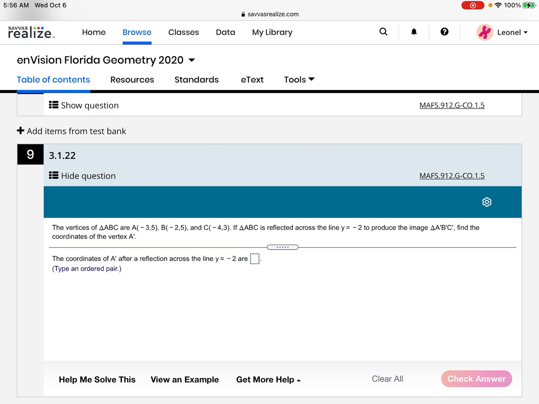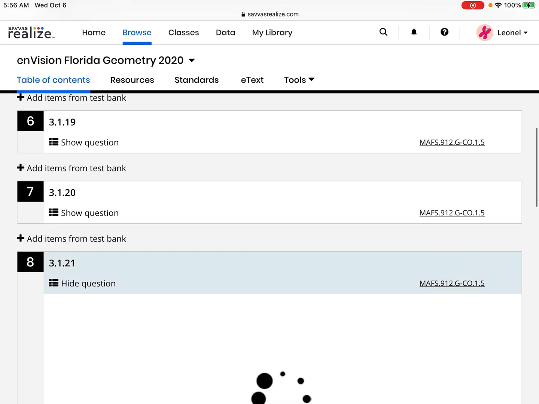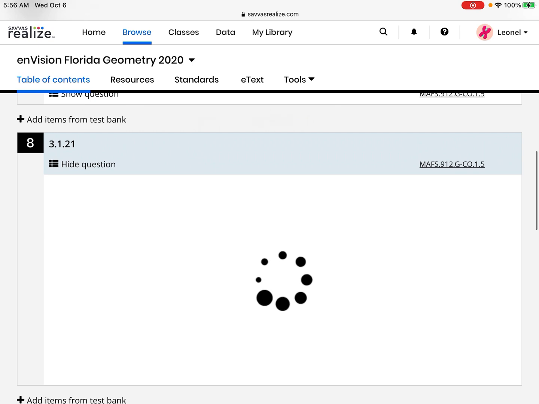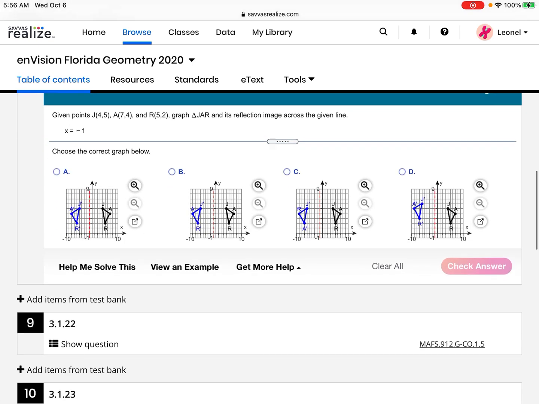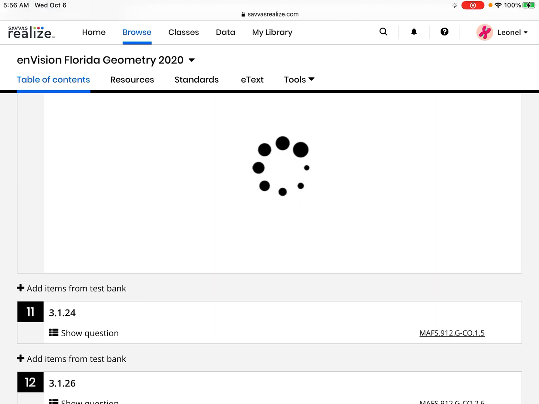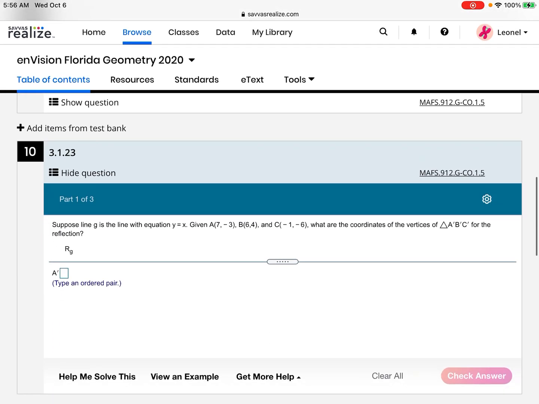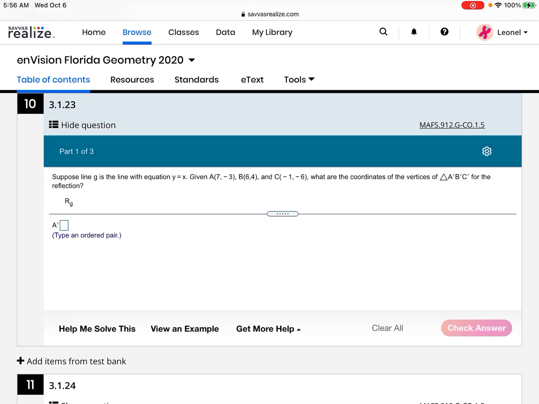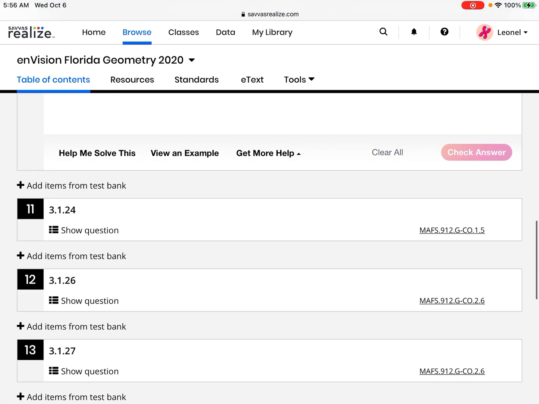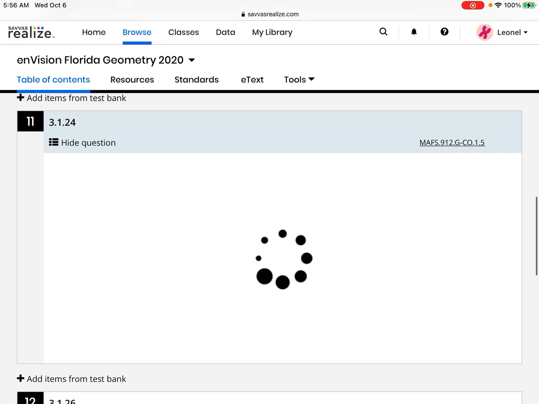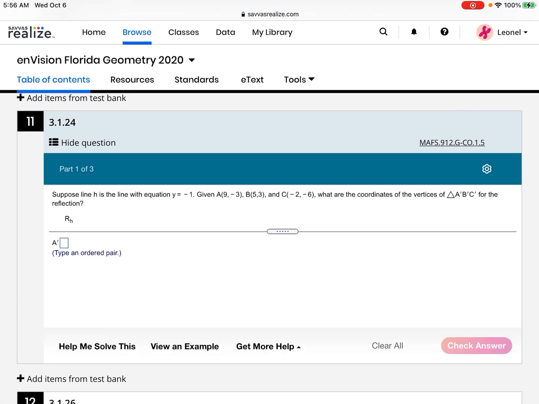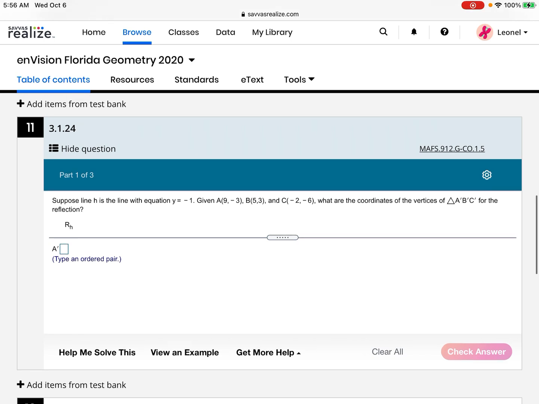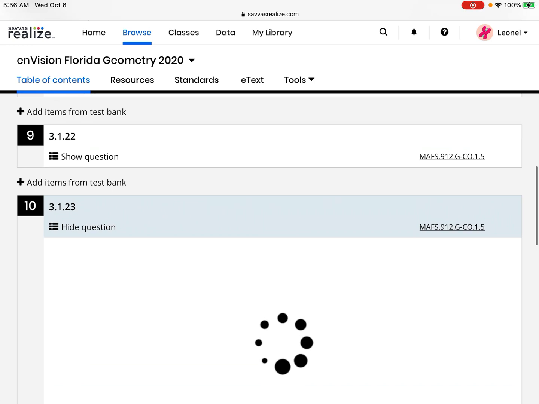What just happened? Did it load up a new problem when I went back? Y equals X, that's the one I just did. This is the one I'm trying to do right now. Oh yeah, it loads up a different problem every time. Let's see, this is 23.